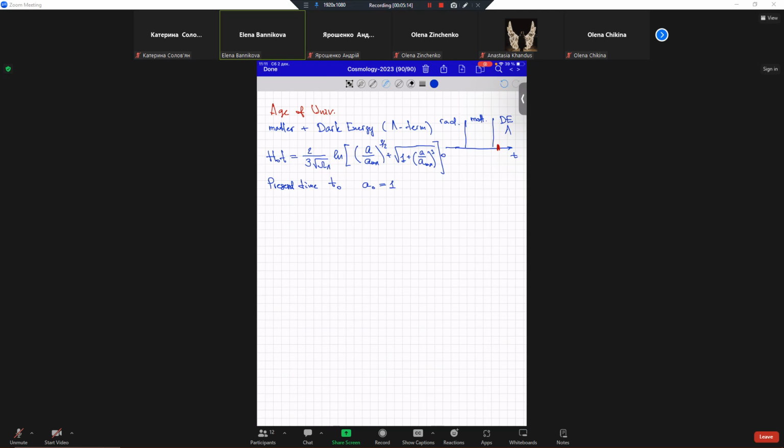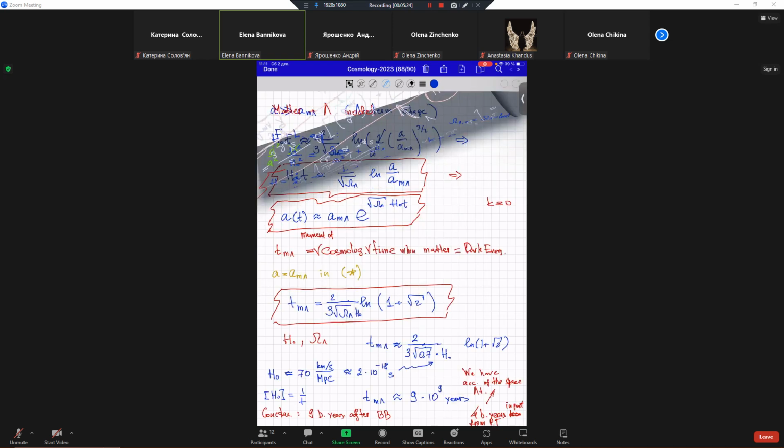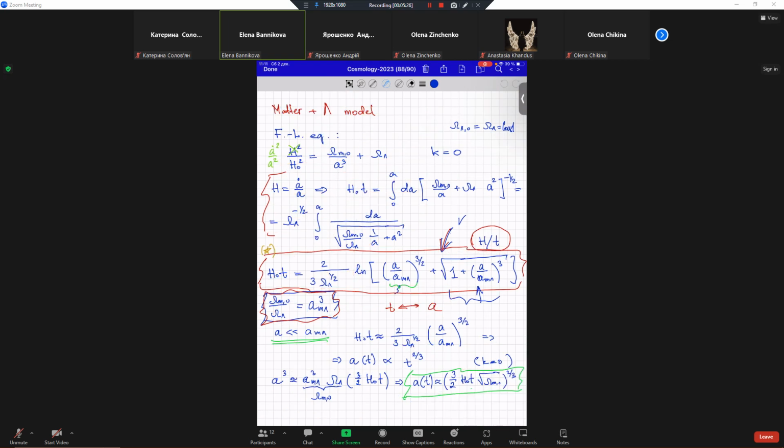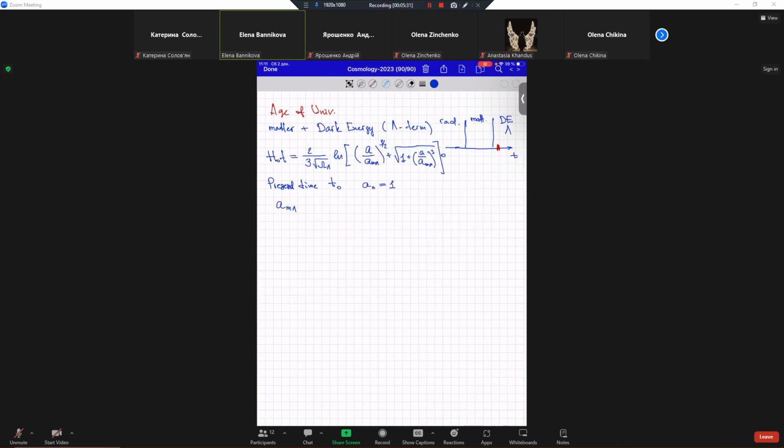We also found before that the scale factor a_m lambda equals omega m0 divided by omega lambda, to the power 1 divided by 3.